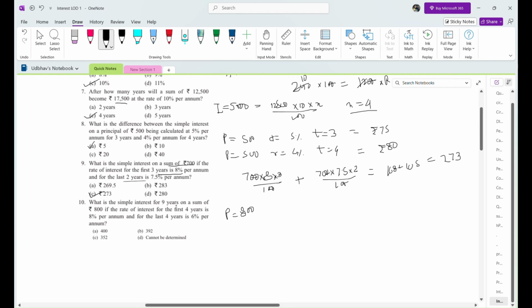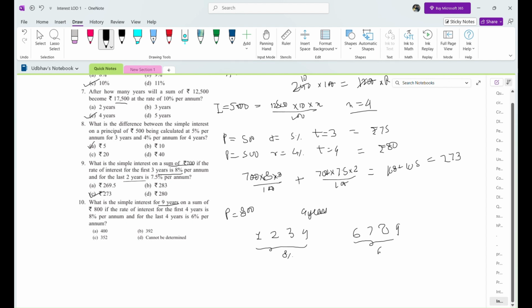So here we are given the total time period is 9 years, and the first 4 years, that is first, second, third and fourth year, the rate is 8%, and for the last 4 years, that is ninth, 8th, 7th and 6th year, the rate is 6%. But we are not given what happens for the 5th year. We don't know this information. It is not provided in the question, so our answer will be: cannot be determined.